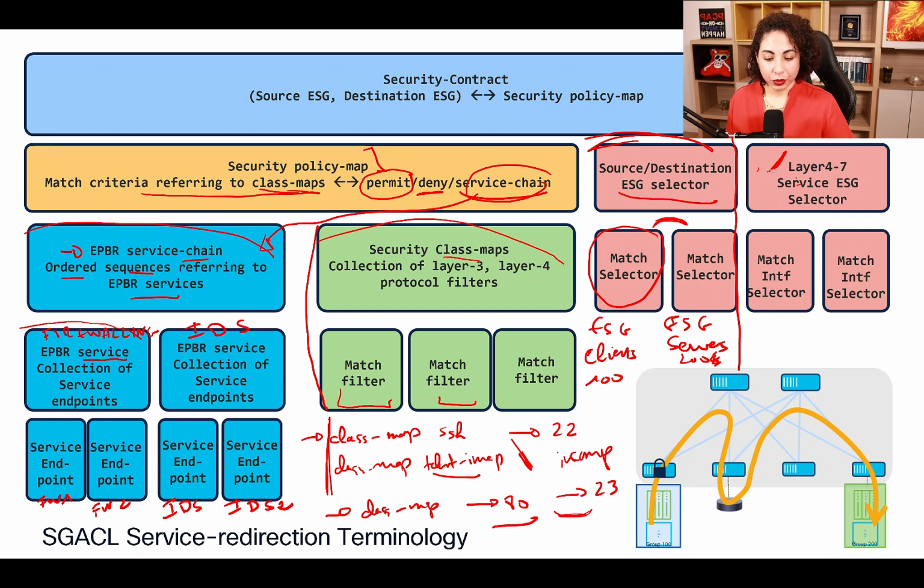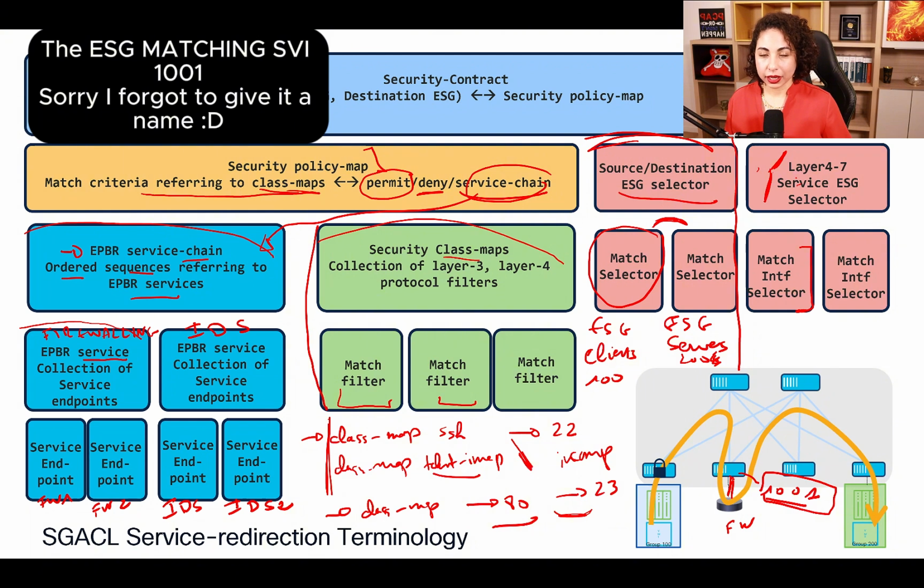And for that one, we are not learning into the control plane. We are matching what is being named here an interface selector. What it means is that if we consider our drawing here, and let's say that this is a firewall that is connected to the SVI, let's say as VLAN interface 1001, what we are going to say explicitly inside the configuration is, match interface VLAN 1001. And everything that is coming from this interface into the data plane will be classified through the data plane inside that ESG.